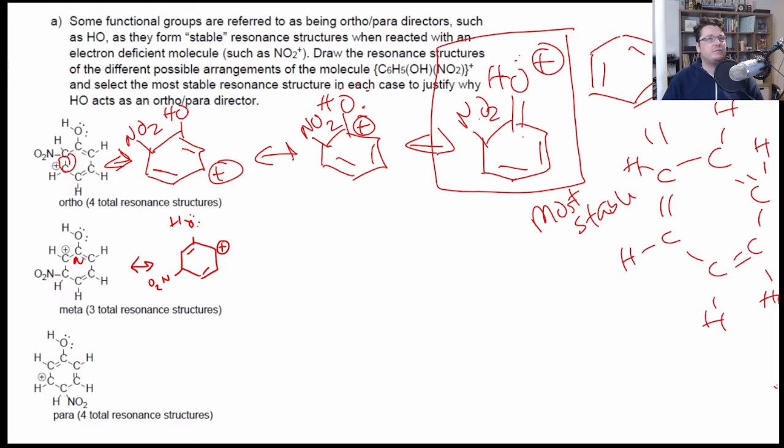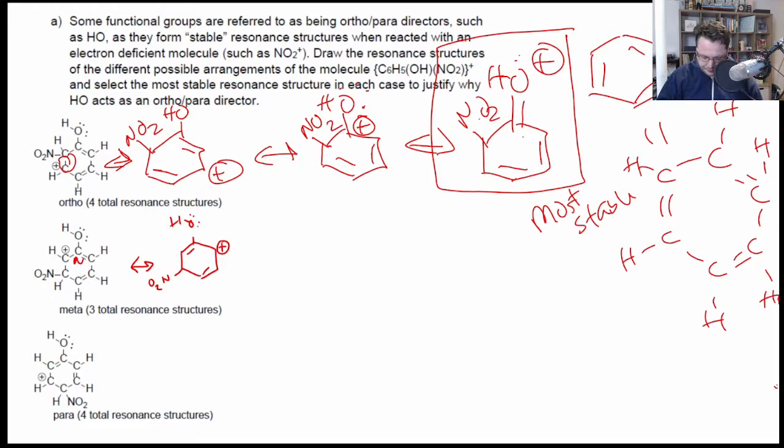Double bonds are only going to move from their starting bond to forming a new double bond somewhere else, or from being a double bond to being a lone pair on an atom. Those are the only two ways. You can't have a double bond move a whole bunch of distance, because that's not how resonance works. You're talking about two different compounds in those cases.